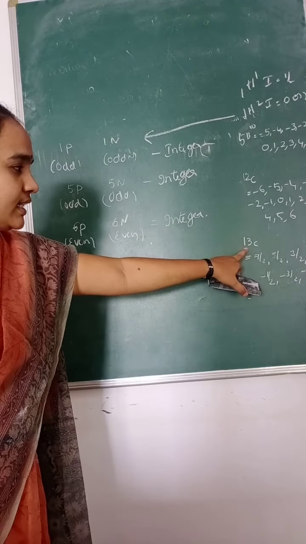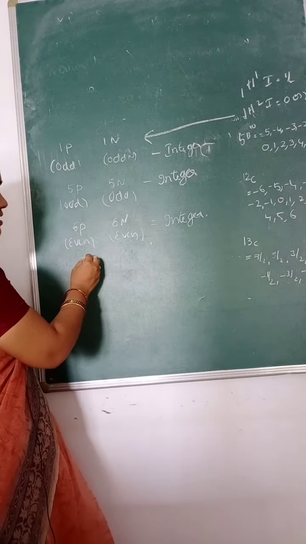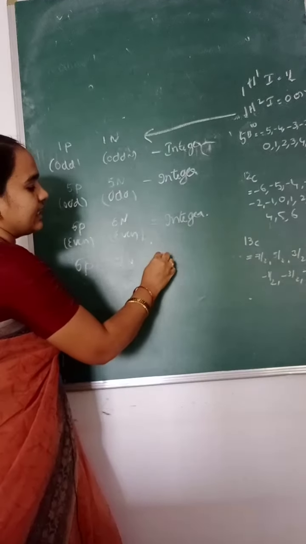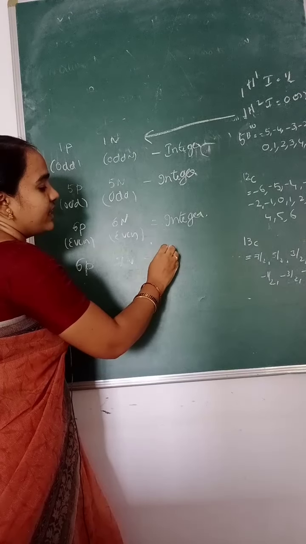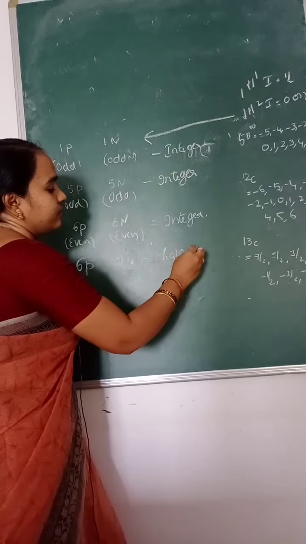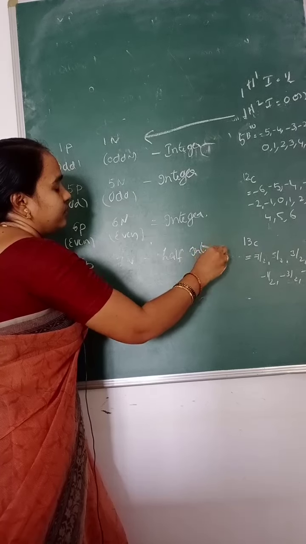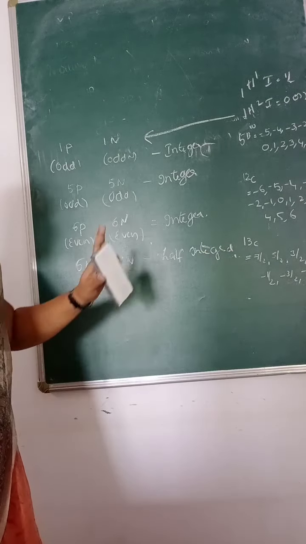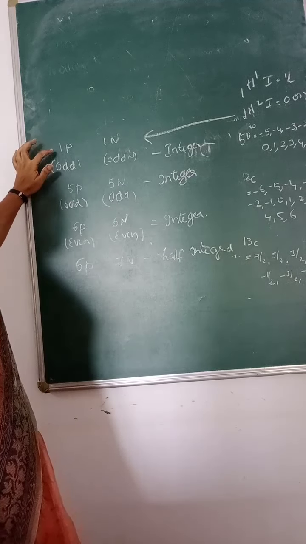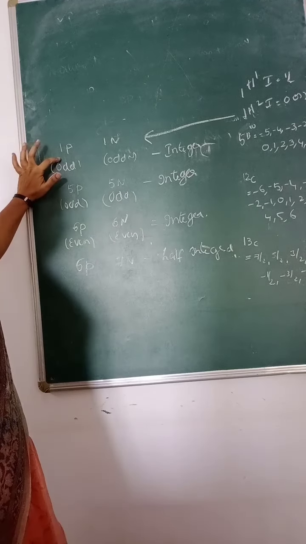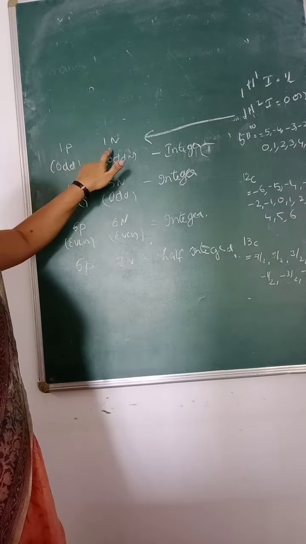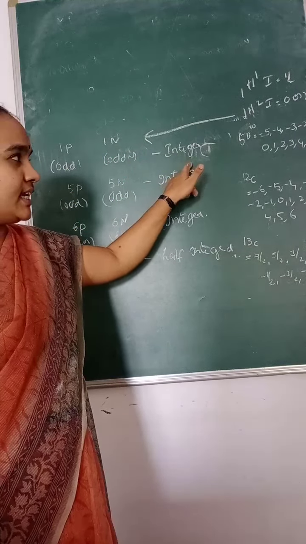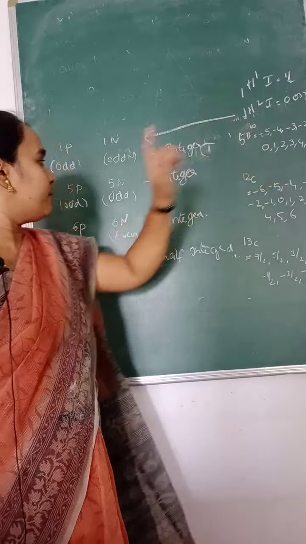Whereas if you consider the isotope of a carbon atom consisting of 6 protons and 7 neutrons, we are getting half integral values. So we can define the nature of nuclear spin as: if the nucleus consists of an odd number of protons and an odd number of neutrons, then the resultant spin is an integer including 0.